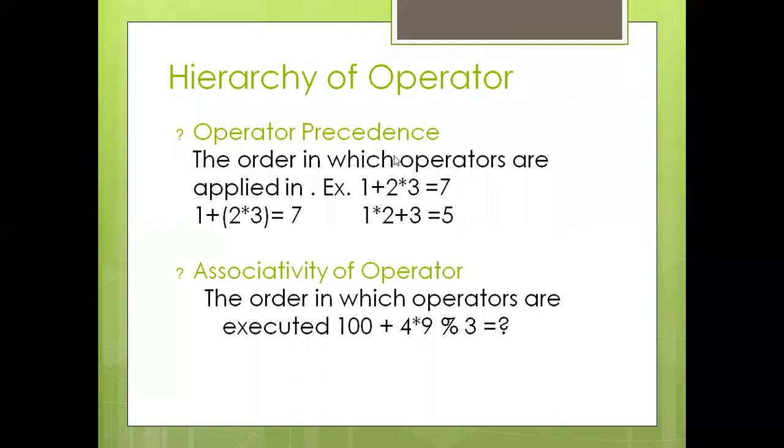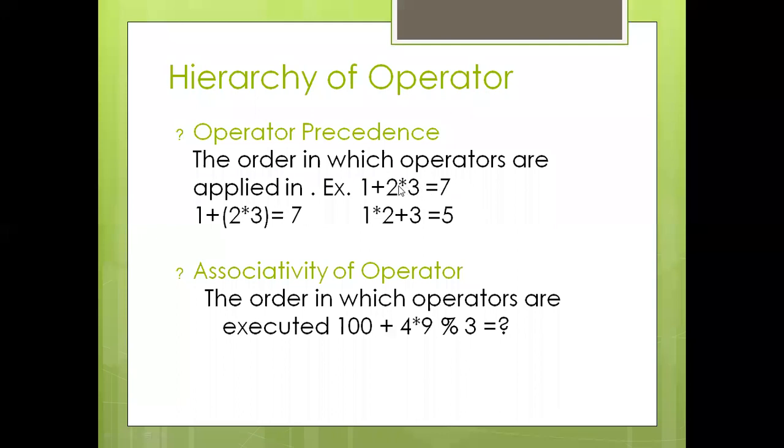Operator precedence: the order in which operators are applied. Now see the example. Everyone pay attention here. 1 plus 2 multiplied by 3. It will give you 7. It will not give you 6. Why will it give you 7?